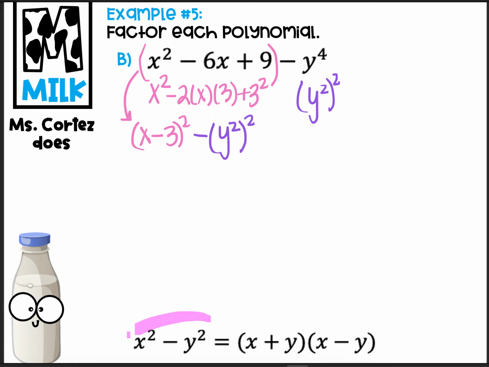Now that I have my difference of squares in the form something squared minus something squared, in this particular formula, this would be my x and this would be my y.